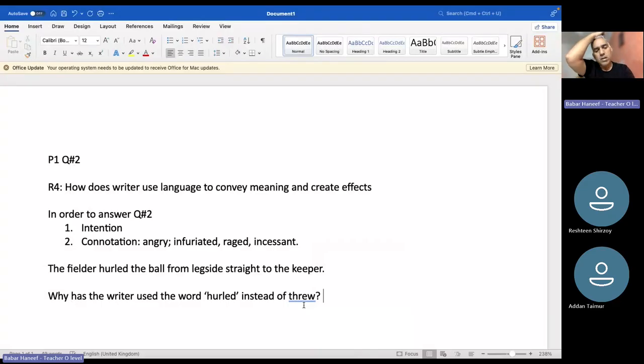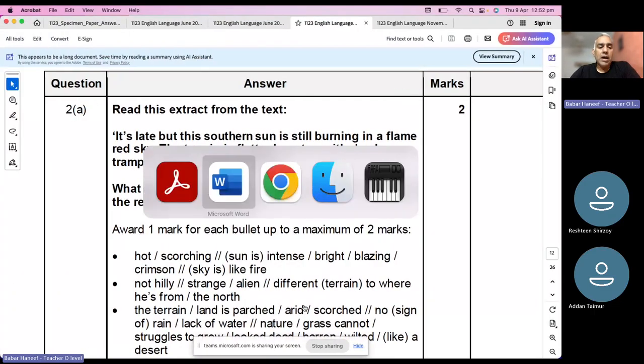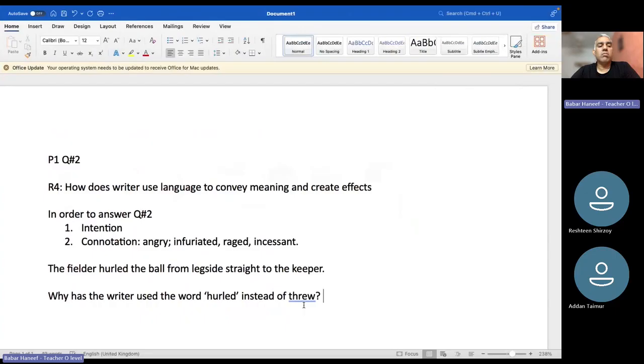Threw and hurled are kind of the same. They might have the same basic meaning, but their shades are different. Hurled is with more force, and aimed at something particularly. So these are the two things you have to keep in mind when answering question number 2. First, intention. The second thing is connotation.